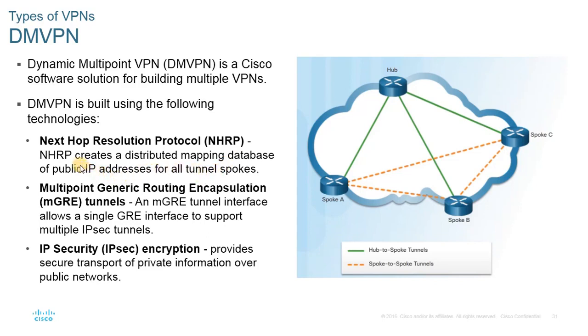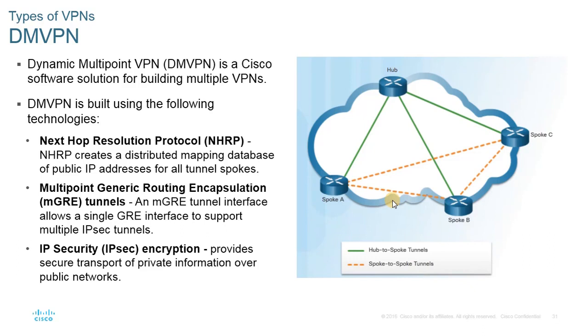The first one is the Next Hop Resolution Protocol, or NHRP. This is just a distributed mapping database of public IP addresses for all tunnel spokes, meaning they have their public IP addresses configured on each device.